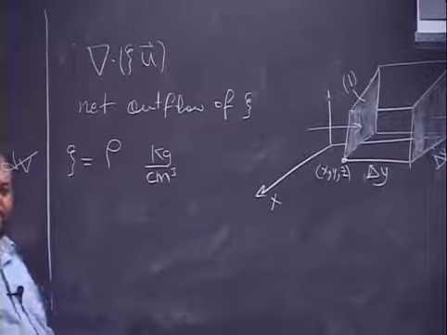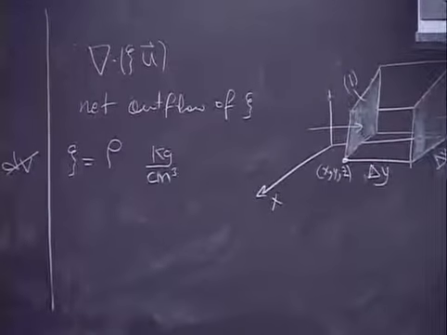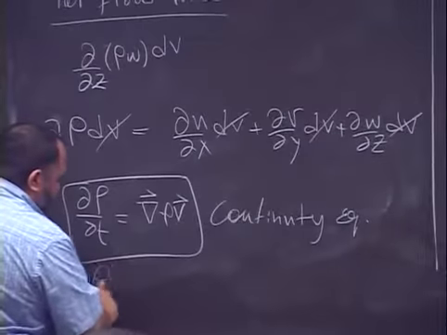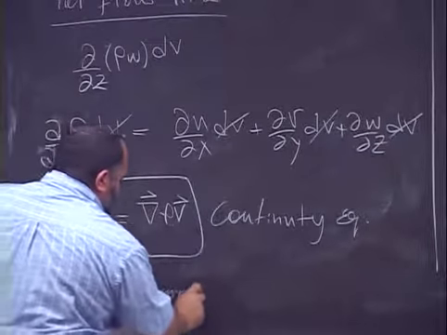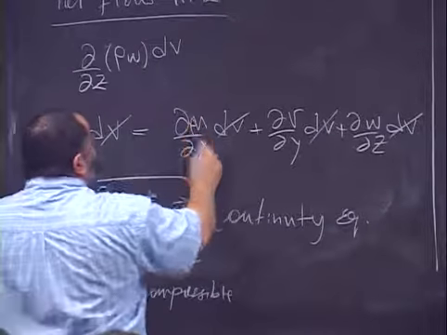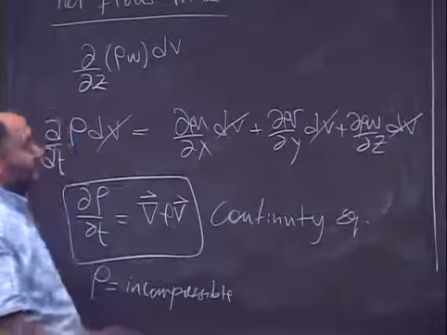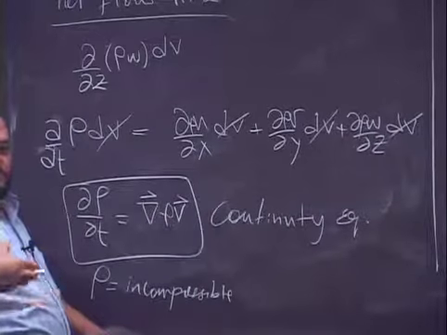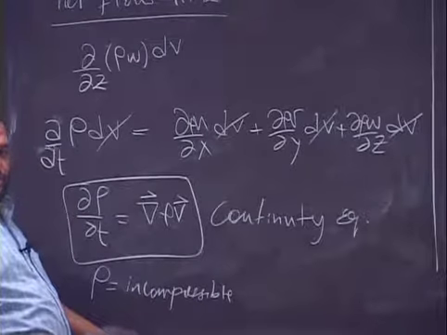With your continuity equation, won't you need a rho? Yes, rho here. And there is a special case if your fluid is incompressible. What does incompressible mean? Incompressible means you cannot compress the fluid, so the density does not change.